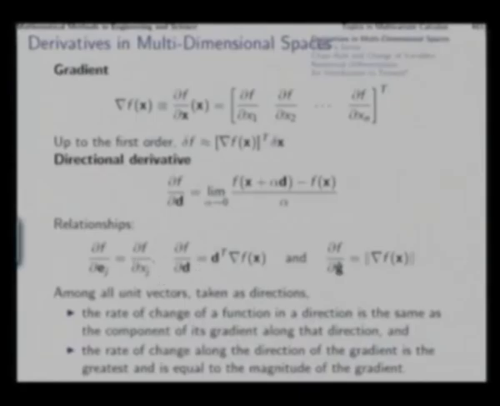The points to note are the following: among all unit vectors taken as directions, the rate of change of a function in a direction is the same as the component of its gradient along that direction.